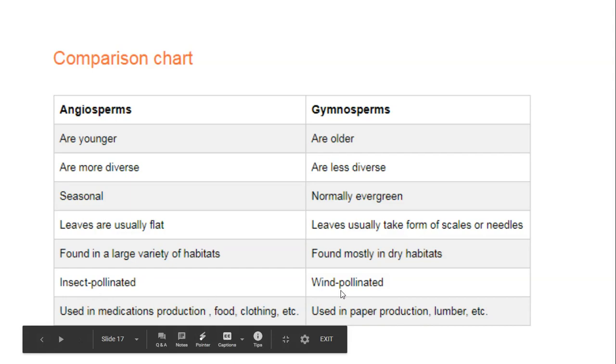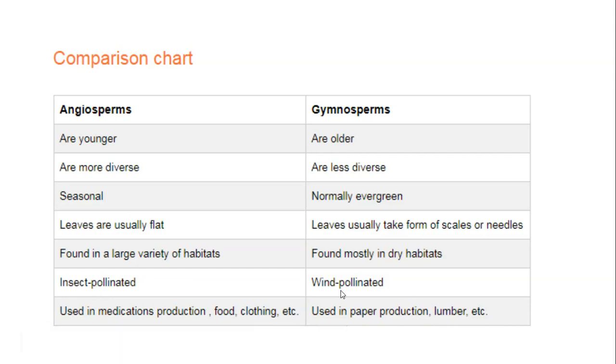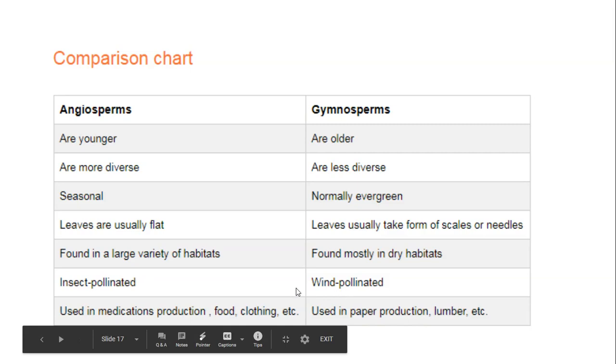Gymnosperms, because they produce pine cones or some type of cone, they are going to need the wind to carry their pollen once it's released to the female part of the tree or the female tree that's carrying the female parts, all right? So for pollination process, you're going to write insect under angiosperm, and under gymnosperm, you're going to write wind.